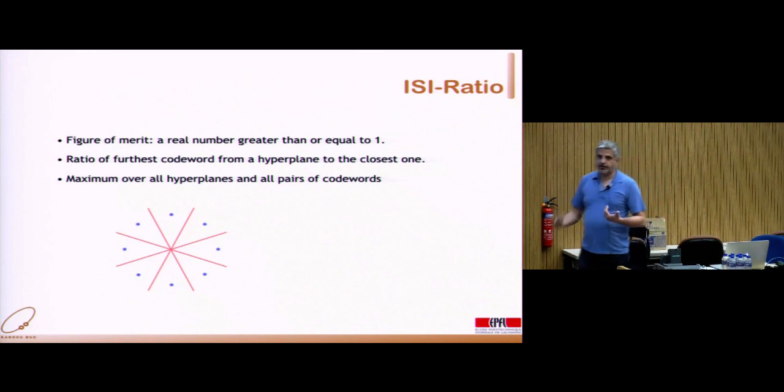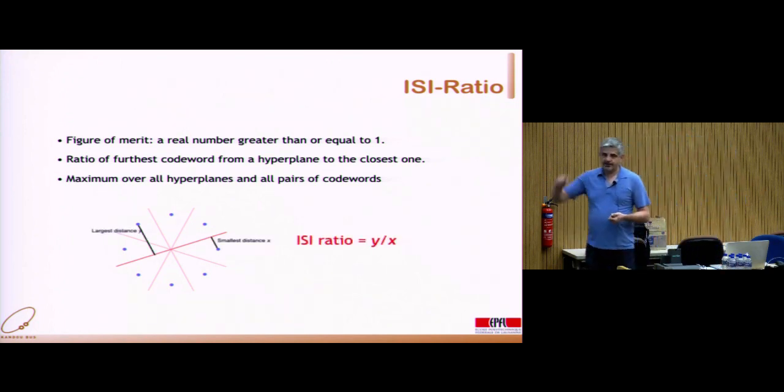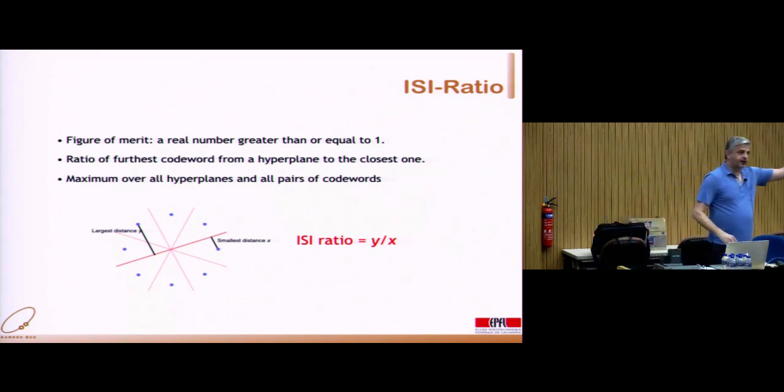The ISI-Ratio is a figure of merit that describes how well one of these comparators performs. So for every one of the comparators, what you do is you take the distance of the closest point to the comparator versus the distance of the furthest point from the comparator.